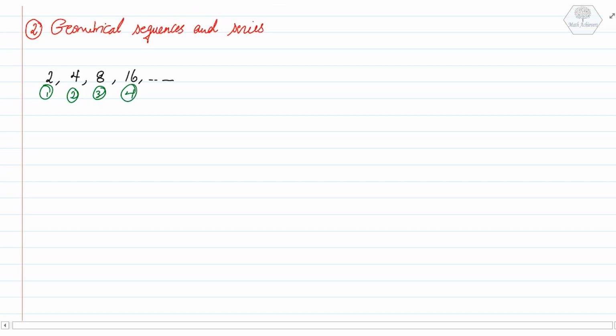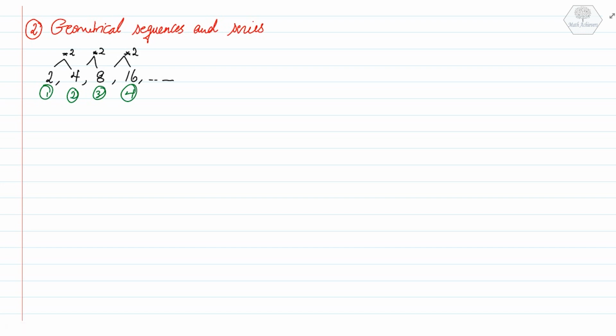Here for this sequence, I'm multiplying each term by 2. So here I'm having a common ratio. I'm multiplying each term by a common value, which I call a ratio here, which is 2.